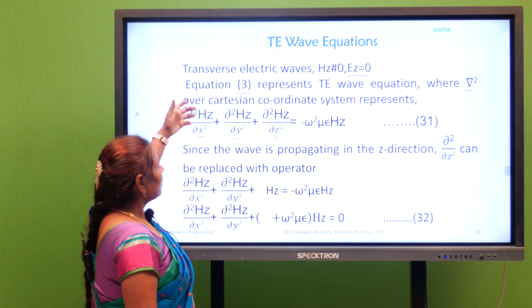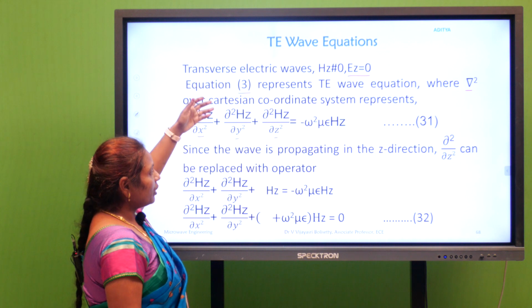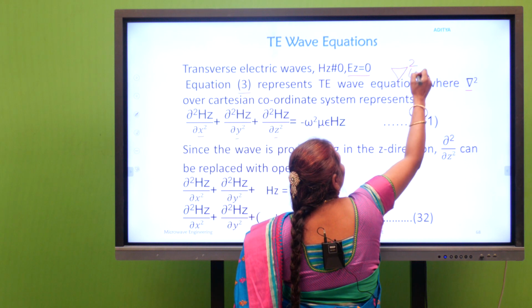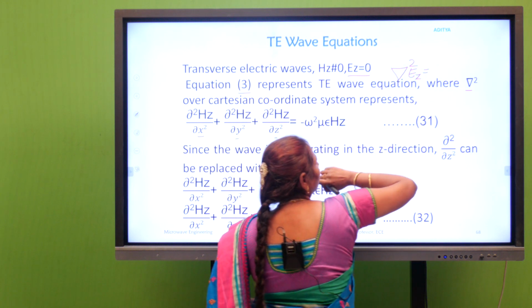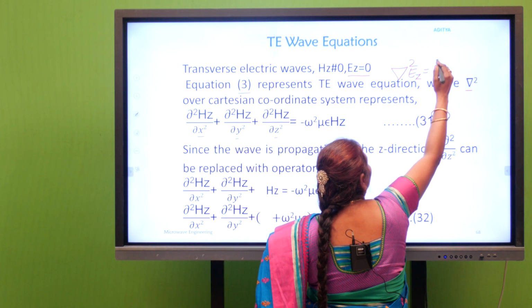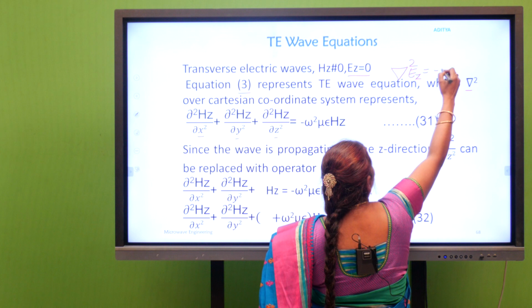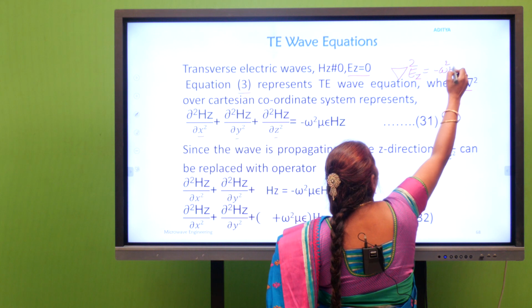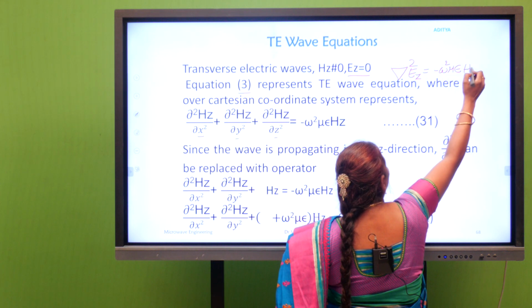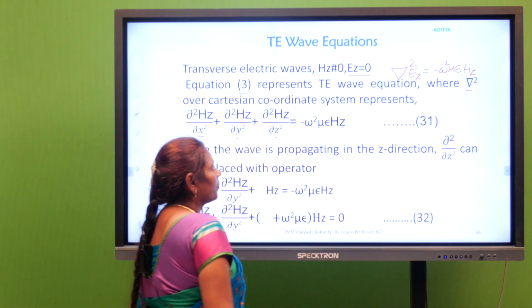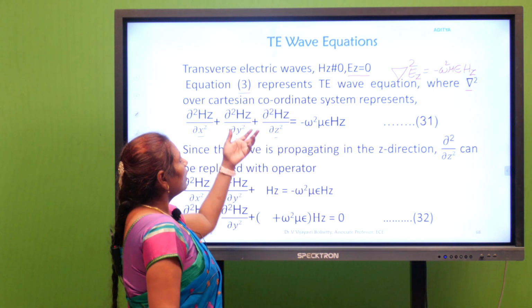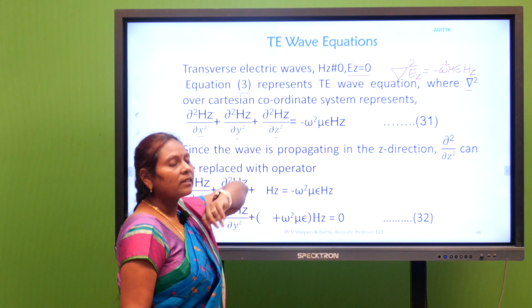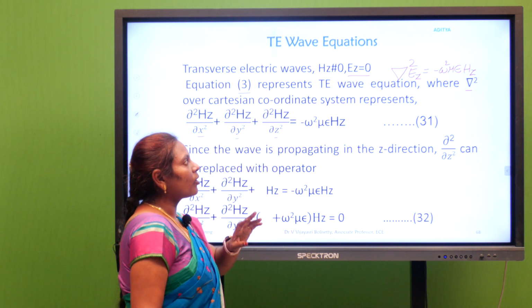Our TE wave equation is del square Hz is equal to minus omega square mu epsilon Hz.